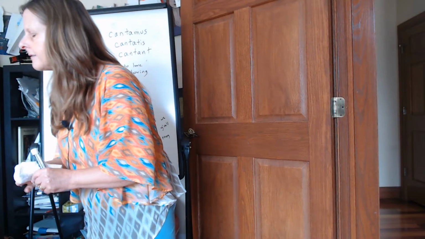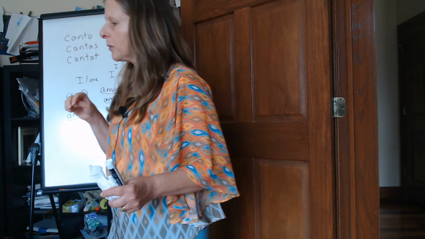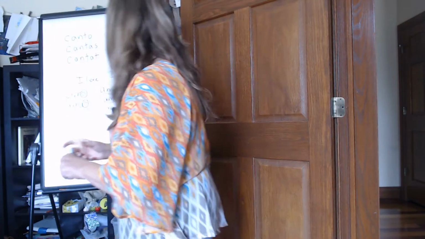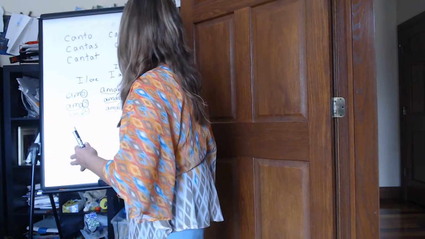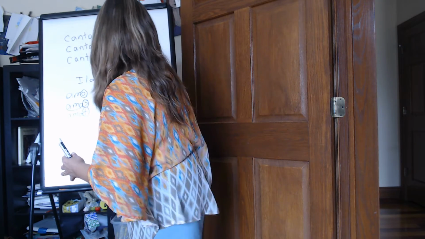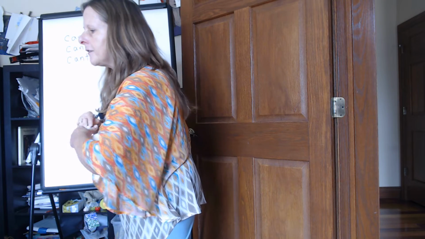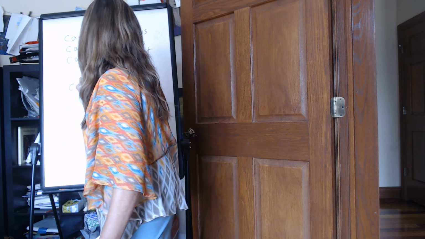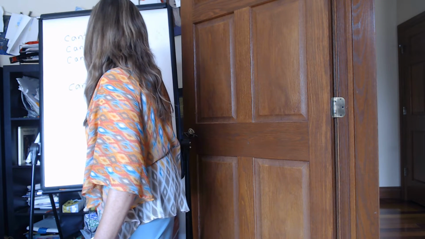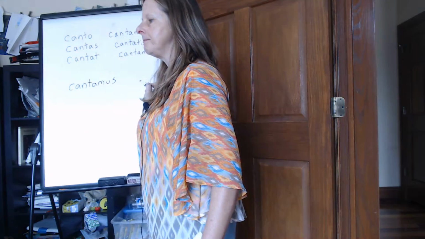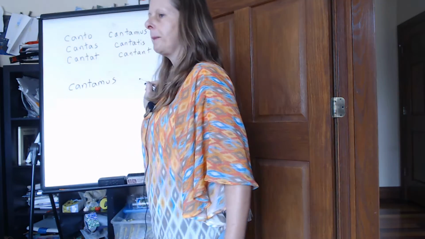So in exercise 4, they actually asked you to translate several words. Would someone like to tell me what? I'm just going to write them on the board, okay? The first word was cantamus. How would you translate cantamus? That was number 1 on exercise 4.